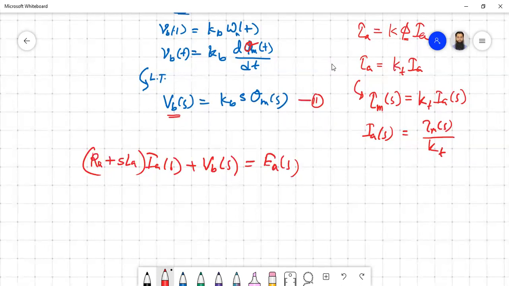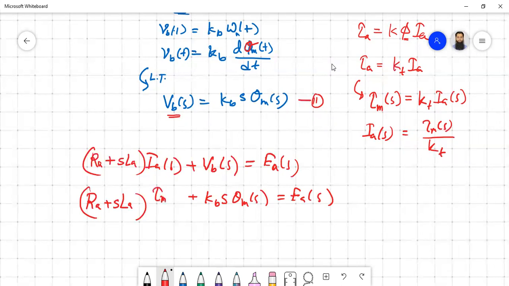Now replace Vb by the corresponding parameter, Kb s theta m(s), equal to Ea(s). Similarly, Ia can be replaced by tau m(s) by Kt.